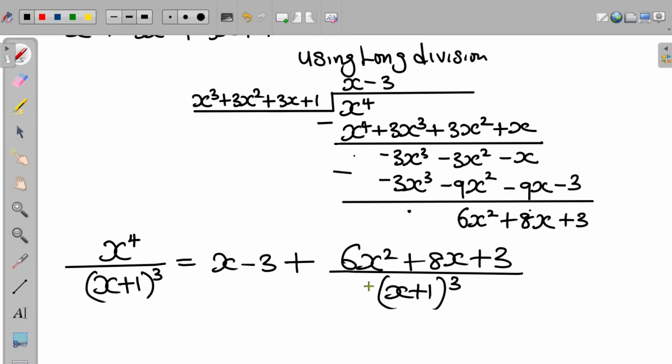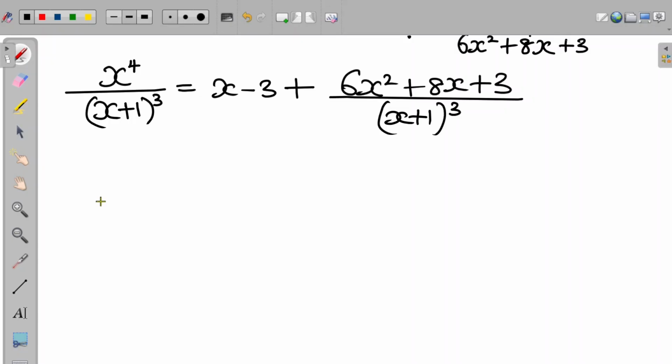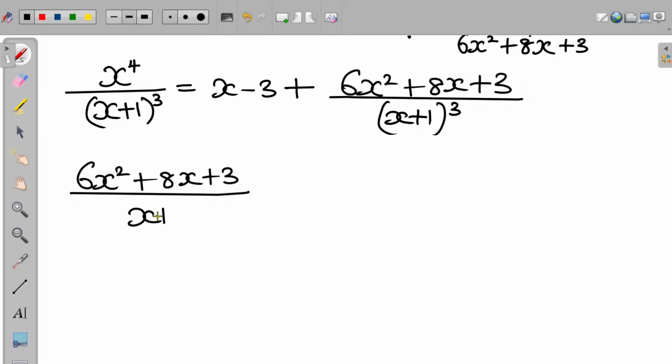Now at this point, let us consider this proper fraction. The proper fraction given to us here is 6x squared plus 8x plus 3 divided by (x plus 1) all raised to the power of 3.